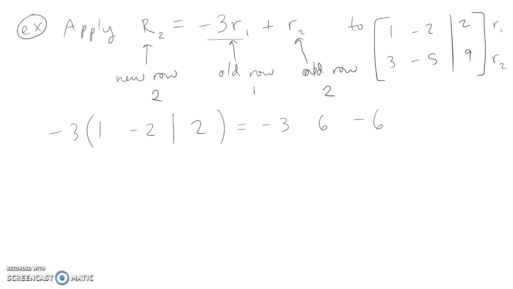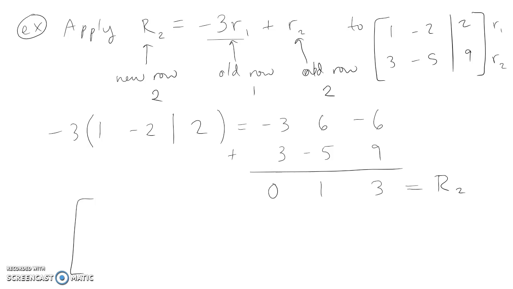Then it says to take that and add it to row 2. All we're doing is adding the coefficients, +3, -5, 9, so we get 0, 1, and 3. That's equal to our big R2, our new row 2.